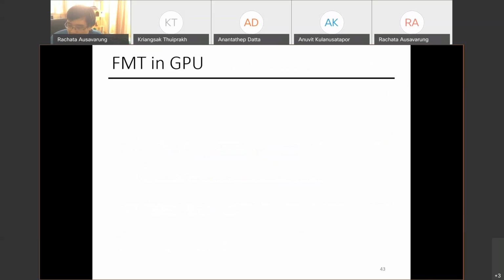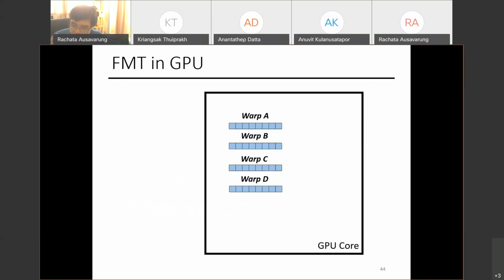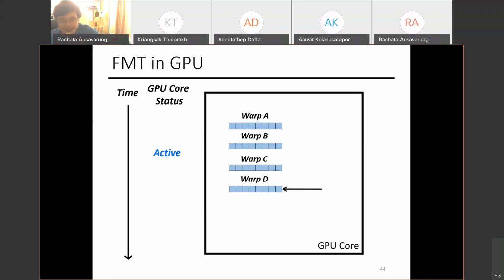Here is the example. In the GPU, you have multiple cores. Each of these boxes are threads. They are grouped into a unit called a warp. When we go full blown into the GPU lecture, I'm going to explain this slide again. But the key idea is that these boxes are the threads. Every single cycle, if you look at the time axis, you pick one of these warps to feed into the pipeline.